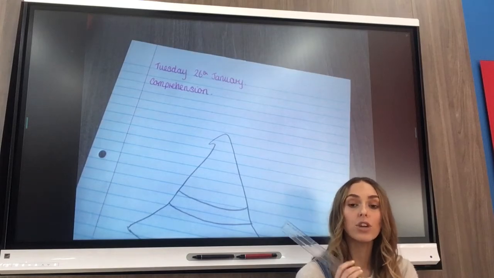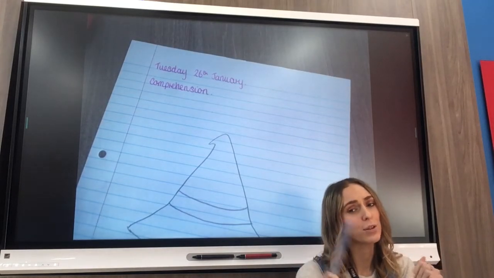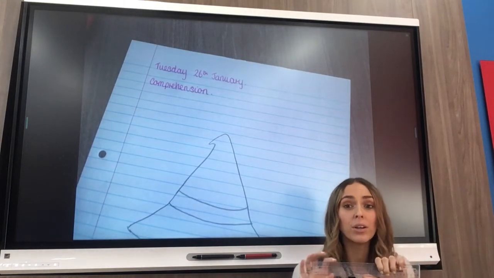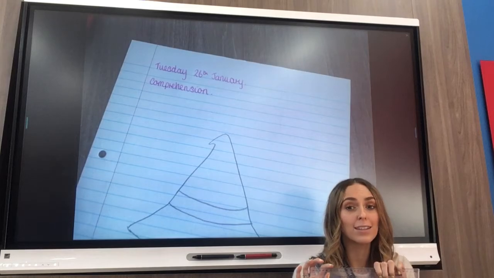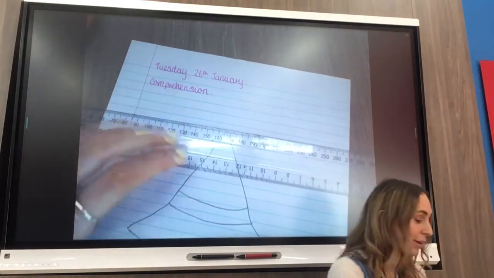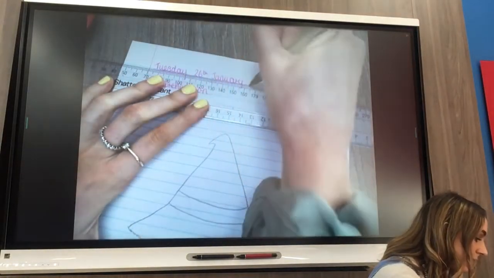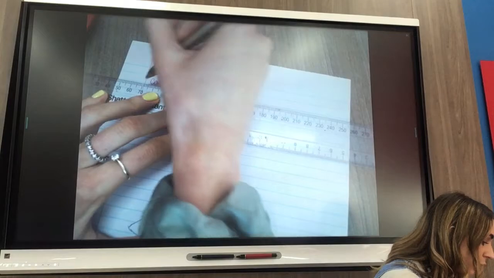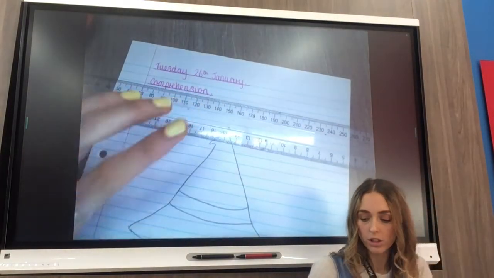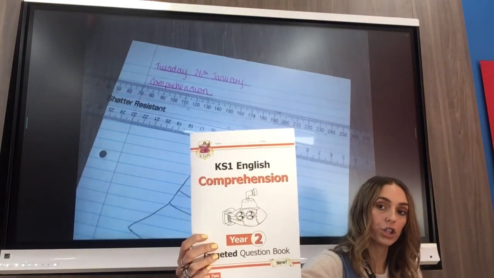If you haven't, try to find something straight at home, but make sure you ask whoever's looking after you if you can use something like a book that's straight, because I don't want you to get told off for getting ink on the book. So underline your date and your title. If you're unsure how to spell comprehension, it is on the front of your comprehension book.